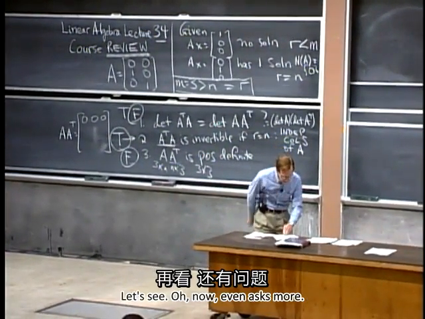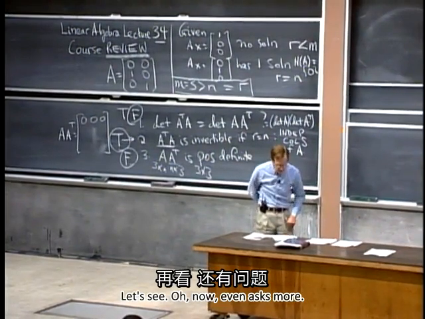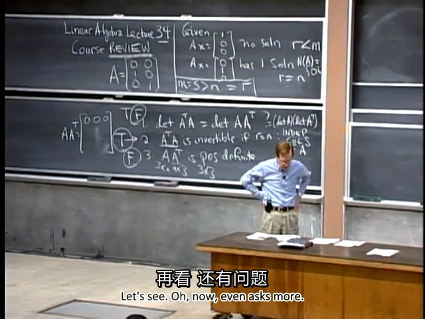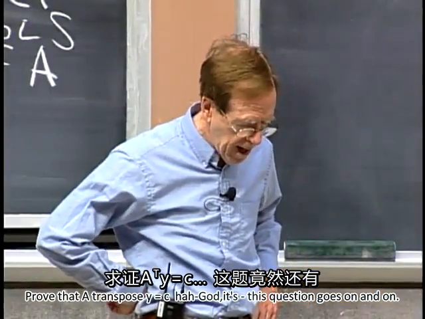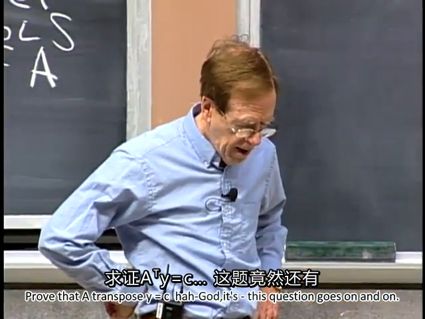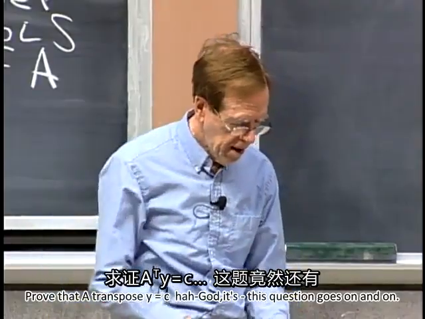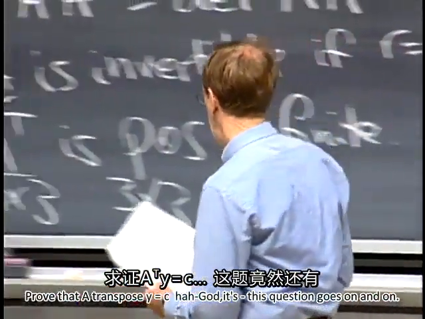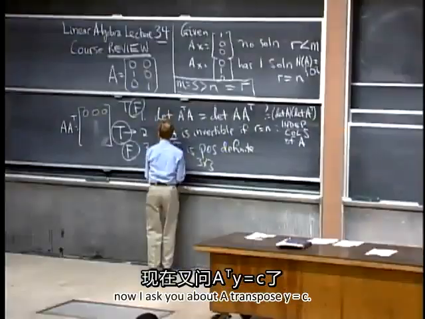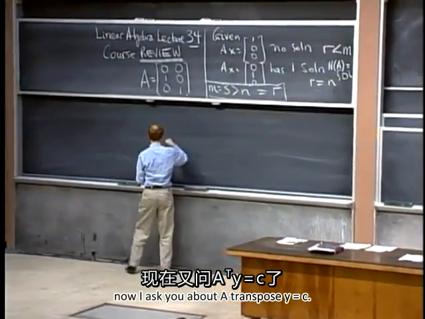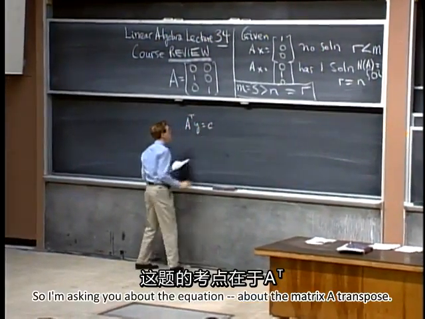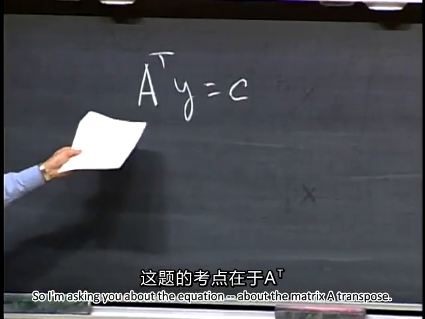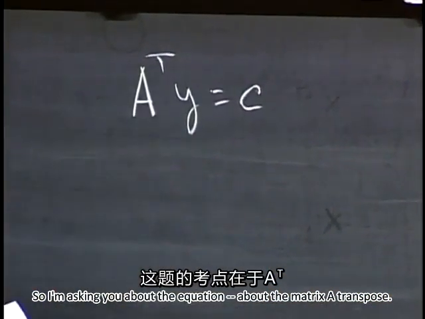Let's see. Now he even asks some more. Prove that A transpose Y equals C. God, this question goes on and on. Now I ask you about A transpose Y equals C. So I'm asking you about the equation, about the matrix A transpose.